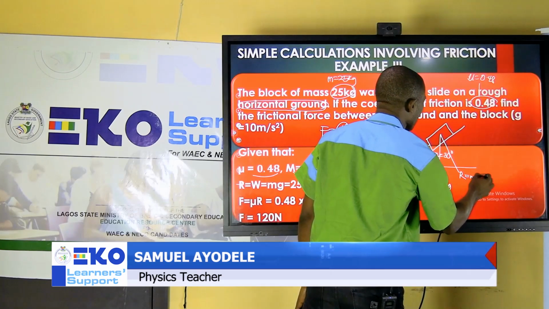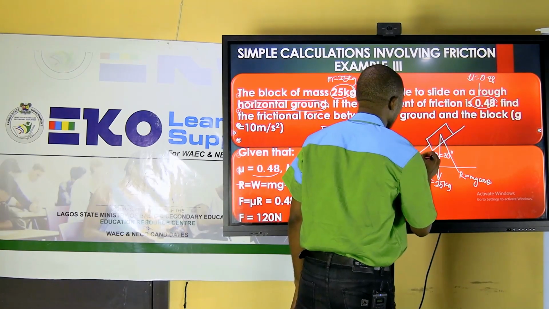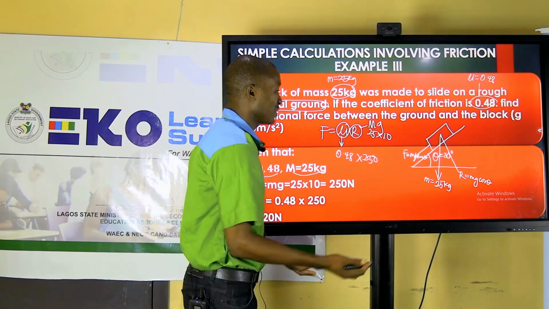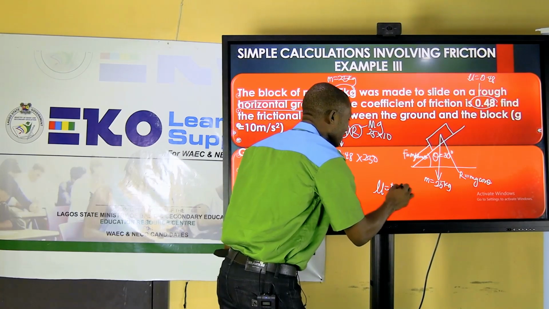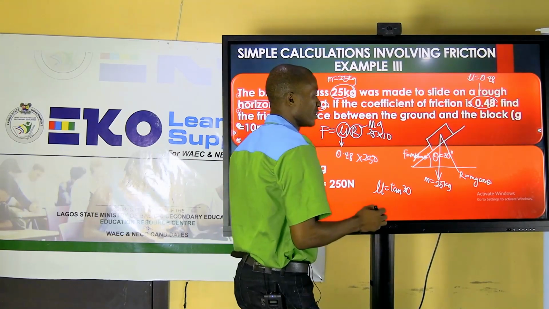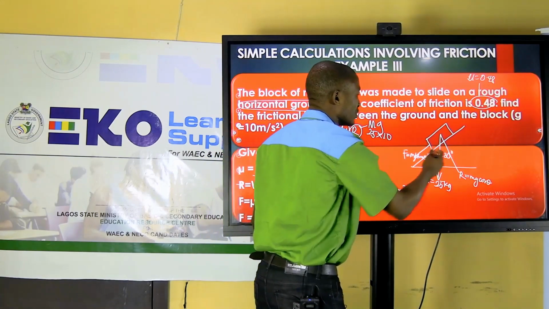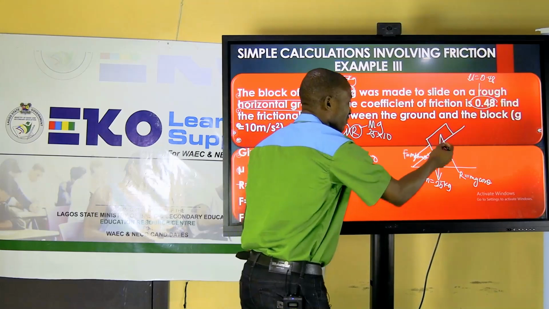The normal reaction is going to be mg cos theta, and the component down the slope is mg sin theta. So if you are asked for the coefficient of friction, all you need is nu equals tan 30. Whenever you have an inclined surface, the coefficient of friction is always tan of that angle.